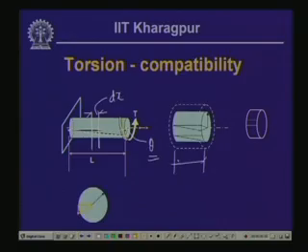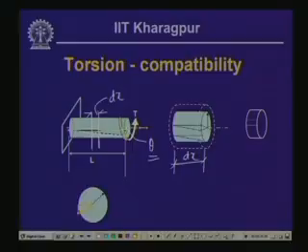Also, out of the whole circular bar, we cut off some top portion and take a smaller core, and let us assume that the smaller core has a radius rho. Originally this particular bar has the radius r and the core which we are looking into has a radius rho.